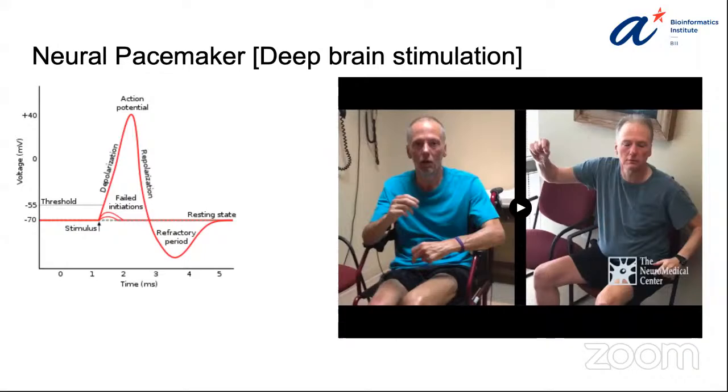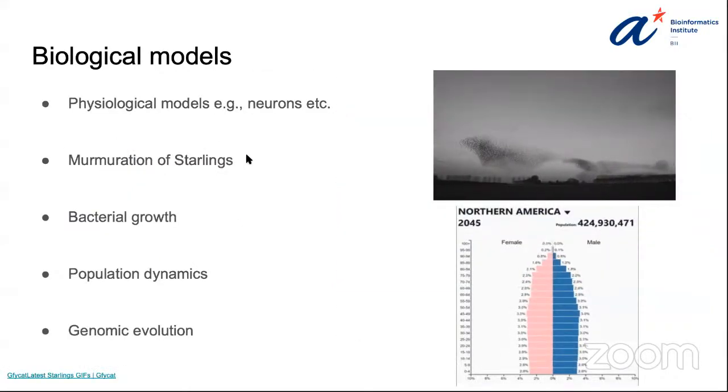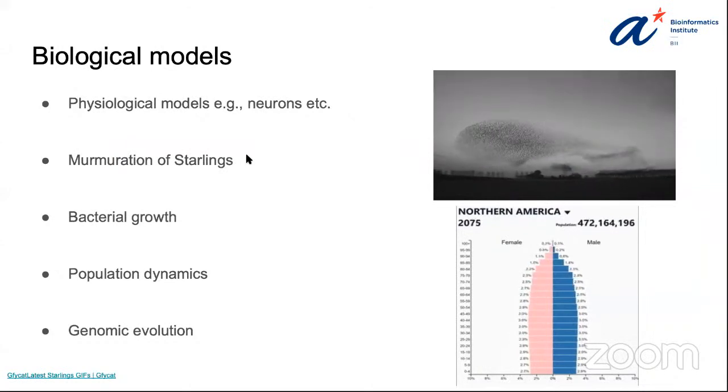As a result, you can see that he no longer has those tremors, and he can go back to living his life in a very normal way, well, sort of, because he still has that device attached to him. So it's not exactly back to normal, but it is much better than before he underwent the treatment, right? So modeling is a very important thing. Modeling helps us understand physical systems.